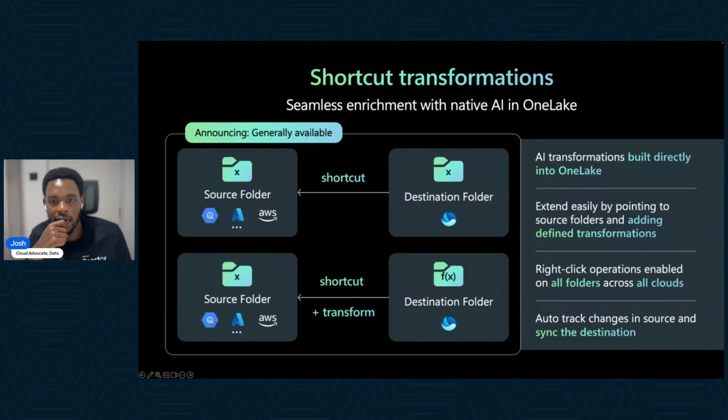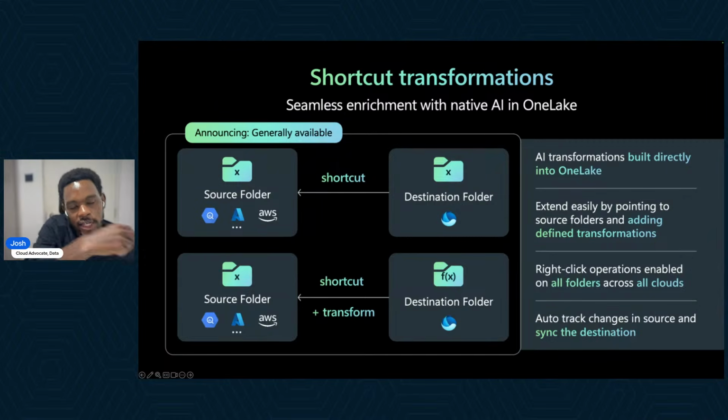And so what that means is I can have CSV files inside of, let's say, Azure storage, and I want to create a shortcut to those CSV files into OneLake.